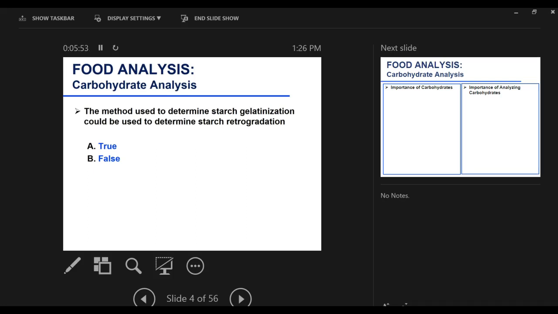So amylopectin retrogrades slowly, whereas amylose retrogrades fast. That's why in pasta, a high amylose to amylopectin ratio would be desirable to produce your pasta. Okay.